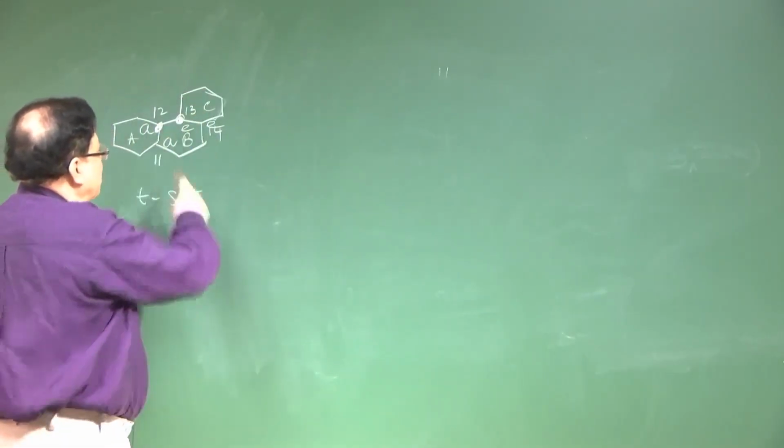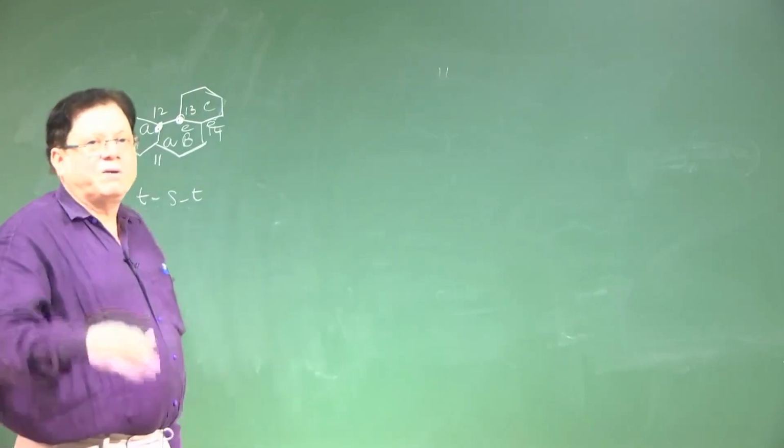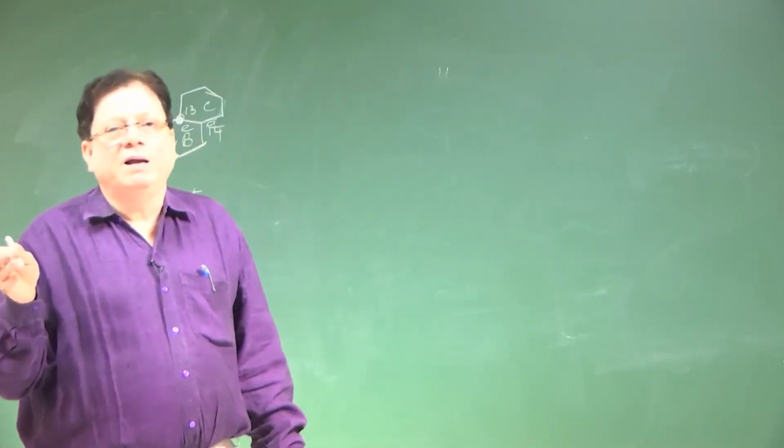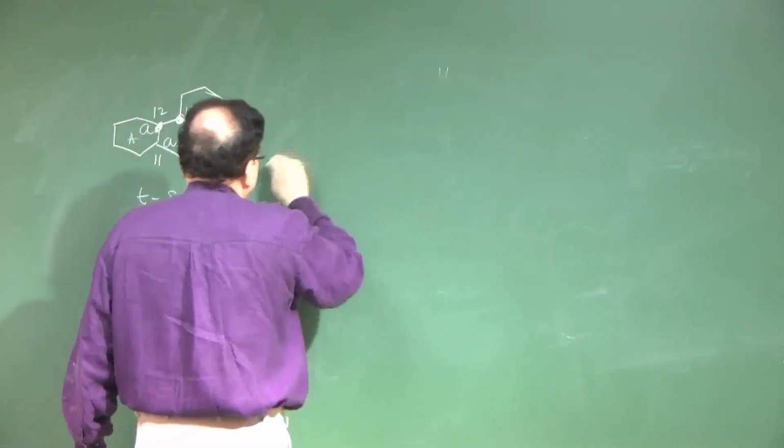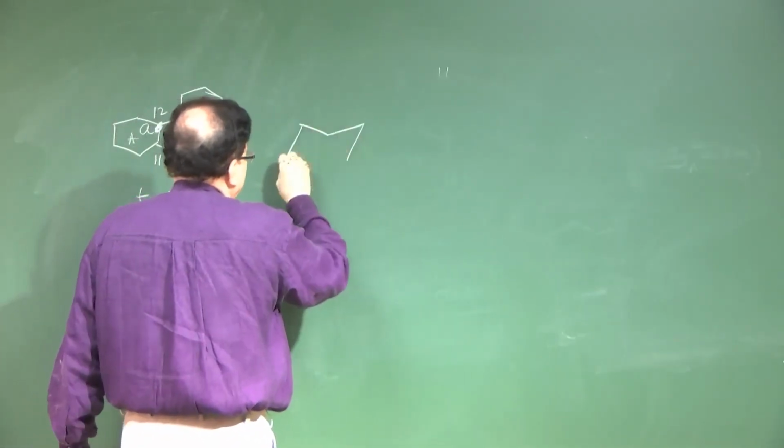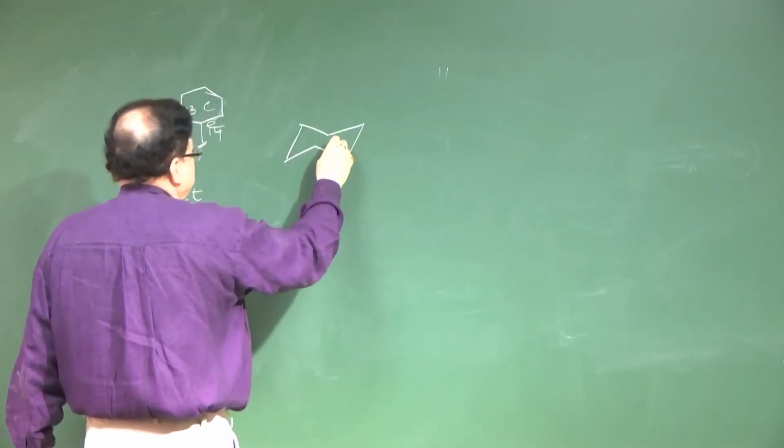You cannot draw this molecule in perfectly chair form. All 3 cannot be in the chair form, and if you try to draw that, let us see, I said that this should be your B ring. Okay.